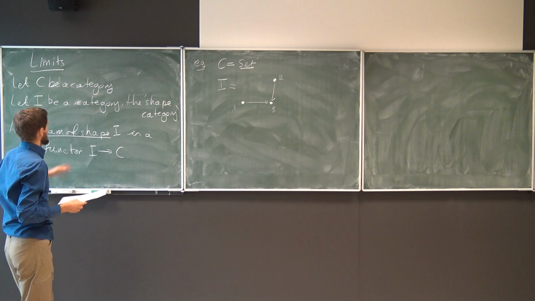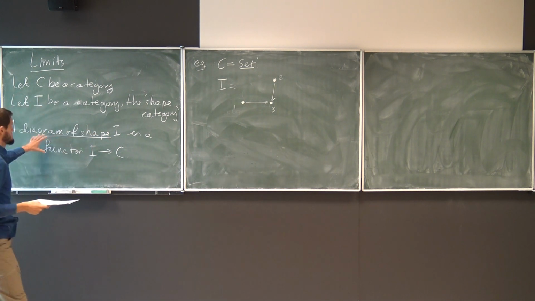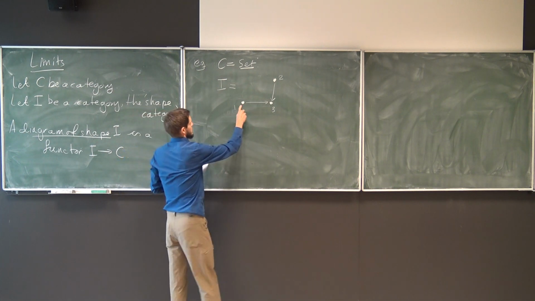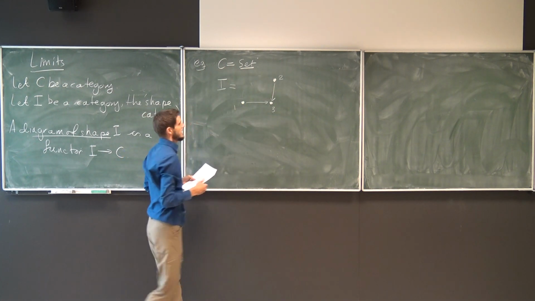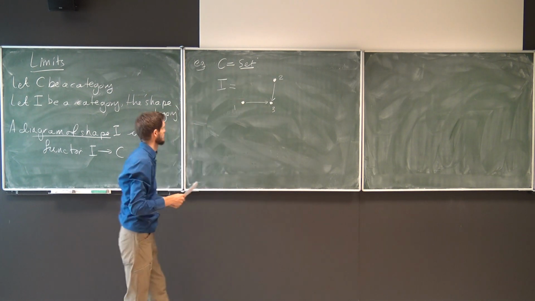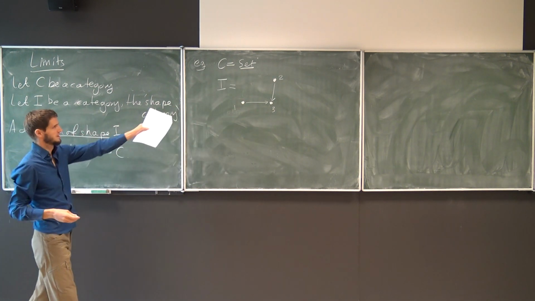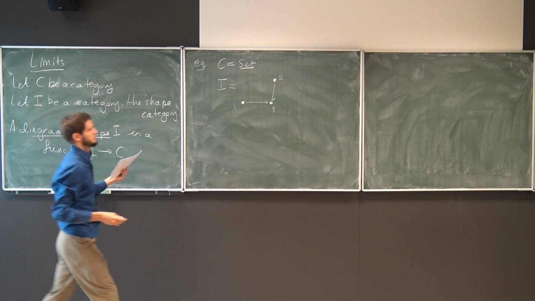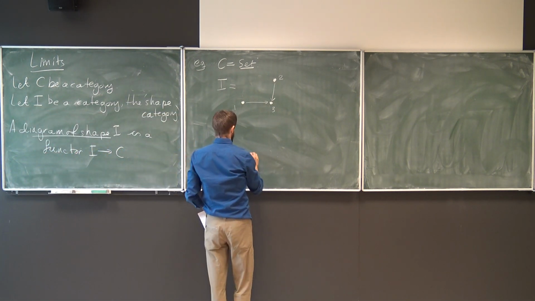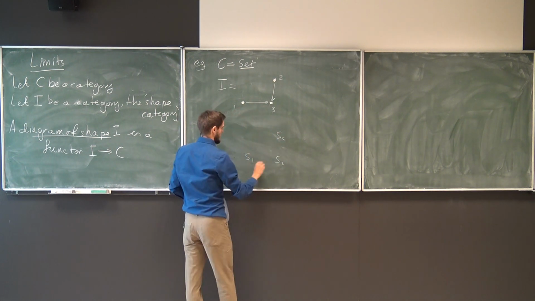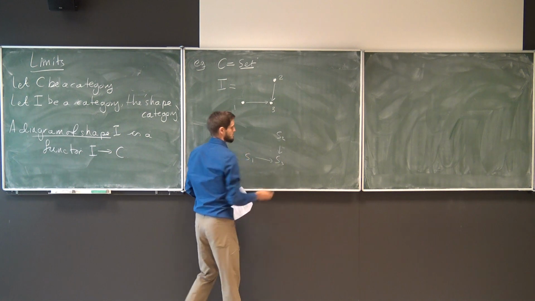A diagram of shape I is a functor from I to C. In other words, for every object of I, it picks out an object of C, and for every morphism of I, it picks out a morphism of C between the relevant things. So with this example of C and I, a diagram of shape I is exactly the same as giving 3 sets, say S1, S2, and S3, and maps of sets between them.